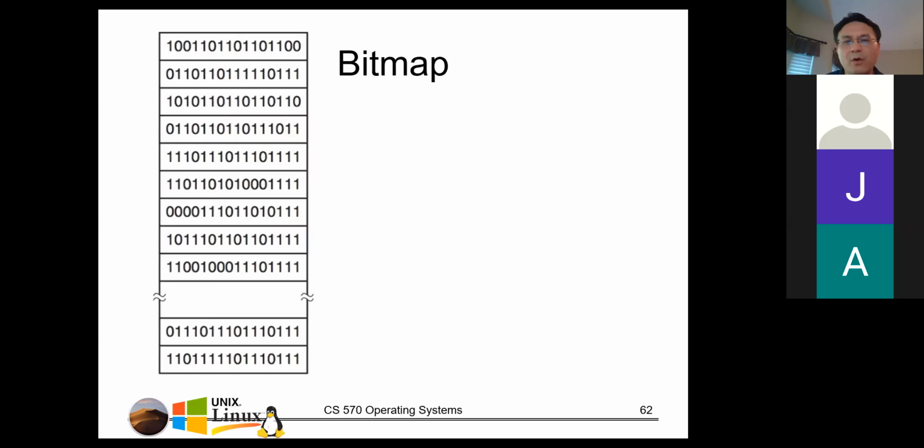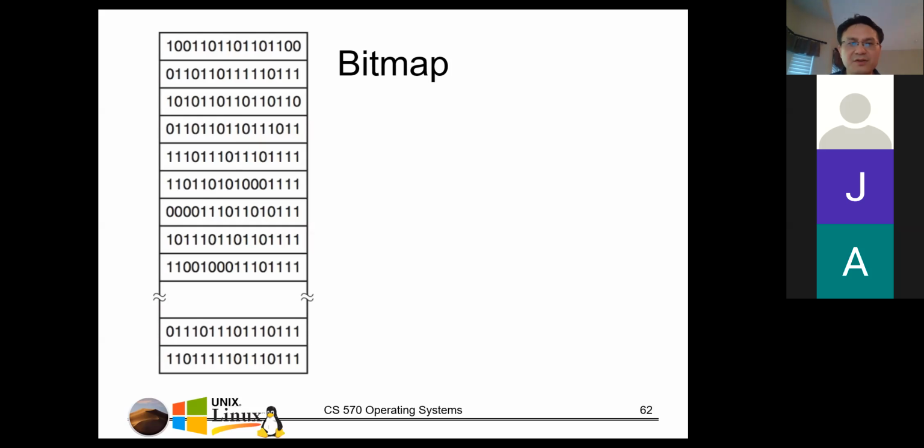So it is straightforward. A bitmap is essentially each bit corresponds to one block on the disk, right? Some systems use 1 to indicate the block is free, and 0 means the block has been allocated. But some systems use these values just opposite. It doesn't matter.